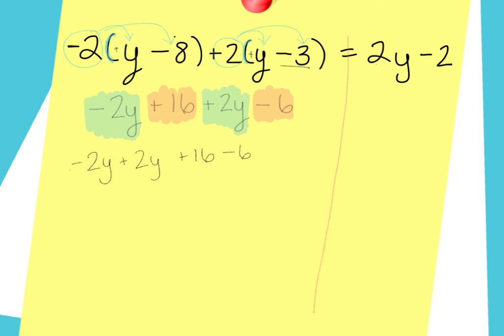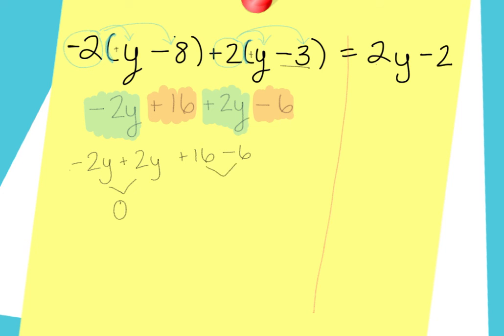Notice that I kept all the signs where they were. So right here, you could tell me that that is 0y, but eventually you need to realize that that is 0 times y, and 0 times y is just 0. So I would much rather you be able to tell me that it is 0, because at this point the y doesn't matter that it was there, because they canceled each other out.